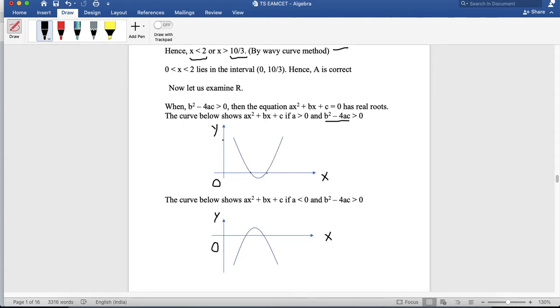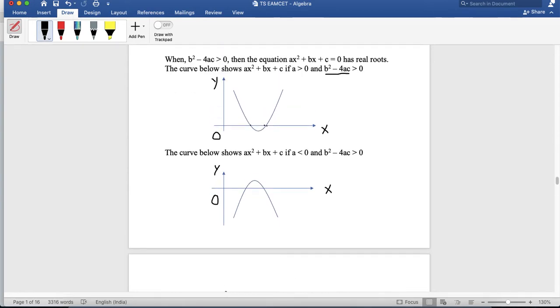Now since it's greater than 0, it will intersect at 2 points if a is greater than 0, and if a is less than 0, then this curve will just be inverted. So as can be seen, this curve and a share the same sign for some values of x. In this, a is greater than 0 and the curve is greater than 0 for all these values.